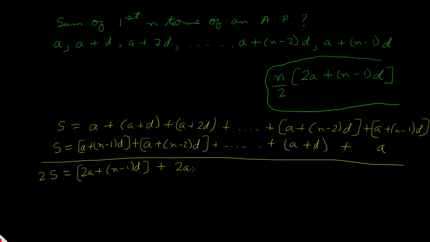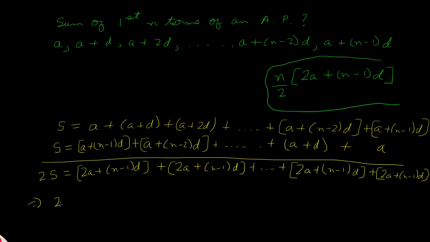So you would again get 2a plus n minus 1 times d, and so on. If you add these two terms, you would again get 2a plus n minus 1 times d, and again if you add this, you would get 2a plus n minus 1 times d.